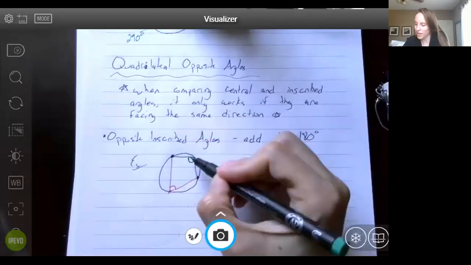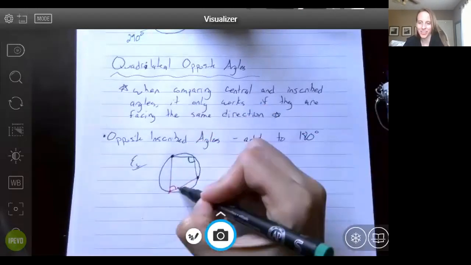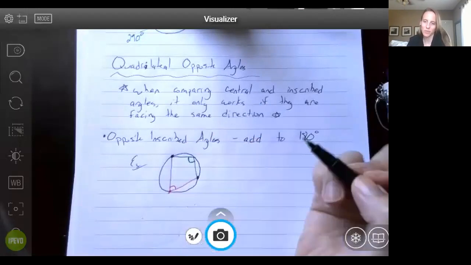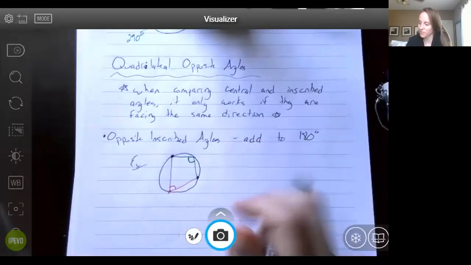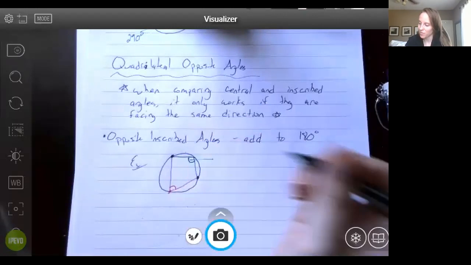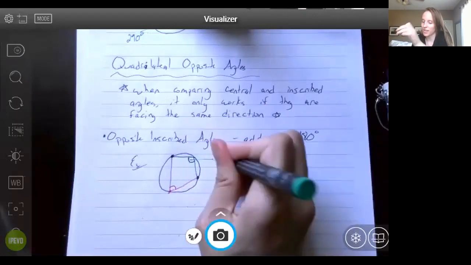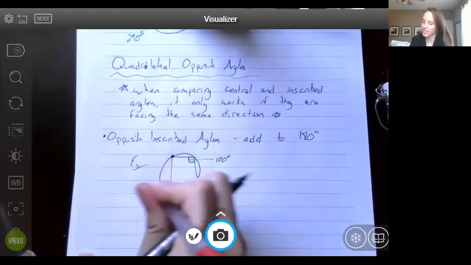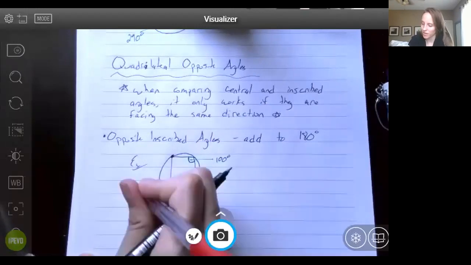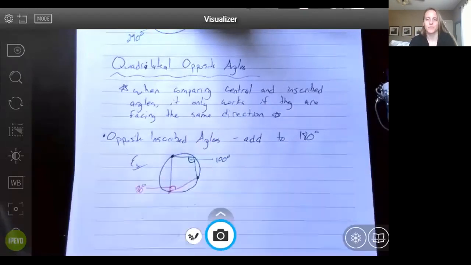So these two bumps are coming towards each other. That means that they add to 180 degrees. So if I told you that this angle was 100 degrees, you could tell me that the opposite inscribed angle was 80 degrees.